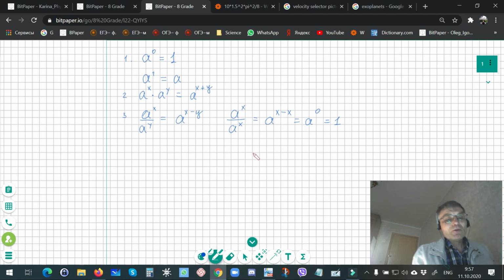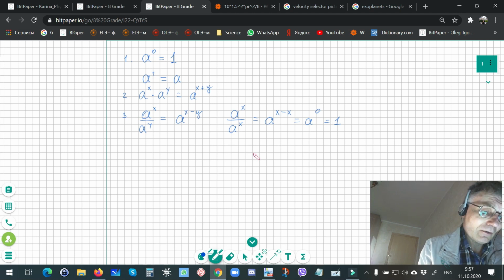It's absolutely natural because a to the power of x in the numerator cancels with the a to the power of x in the denominator.